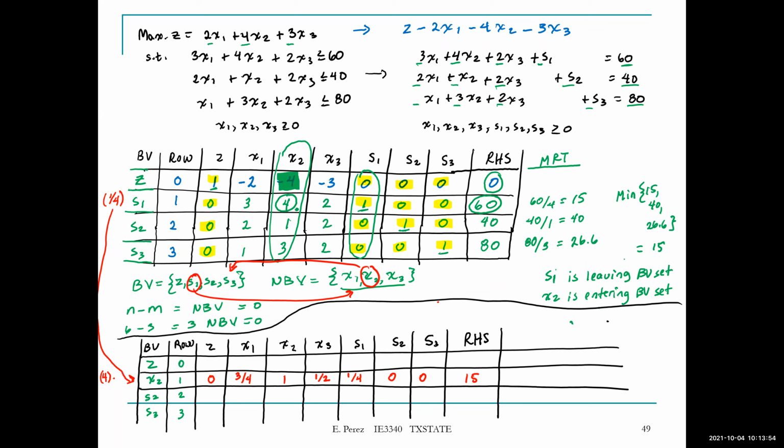This will be 0, 0, 5/4, 0, 1/2, minus 3/4, 0, 1, 5.